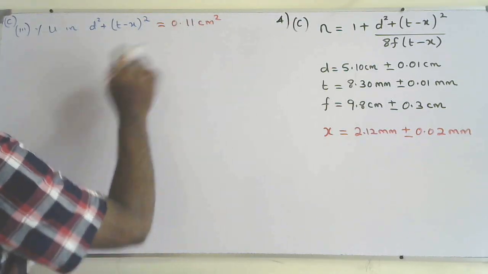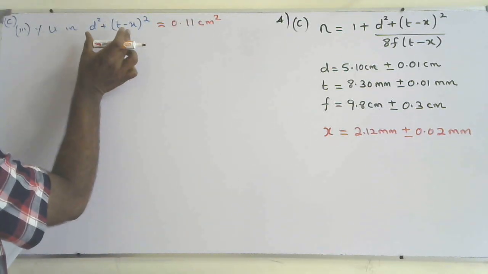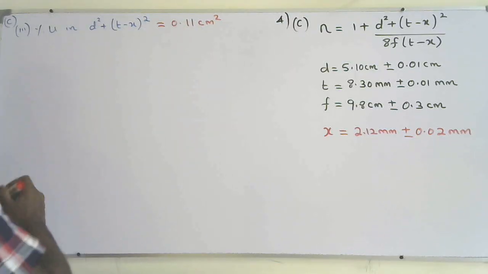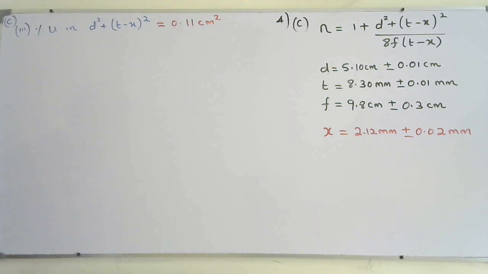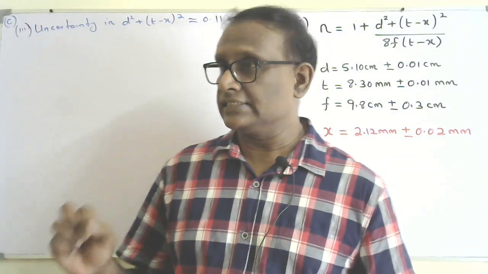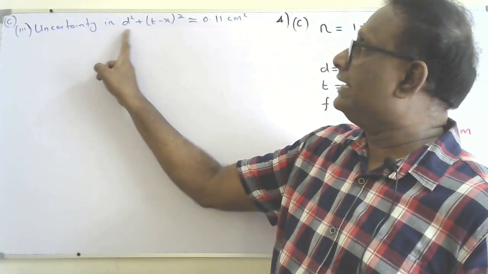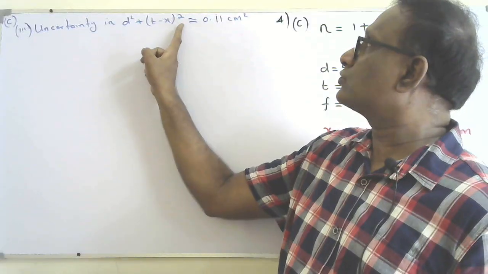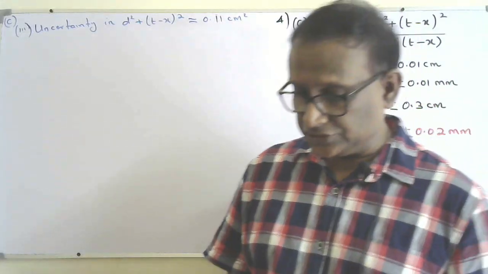This red color what I wrote, we had to show the percentage uncertainty of this quantity is equal to 0.11 centimeter squared. Okay, so not percentage uncertainty, they asked to find the uncertainty, not percentage uncertainty. Uncertainty in d squared plus (t minus x) all squared is equal to 0.11. We had to show that.